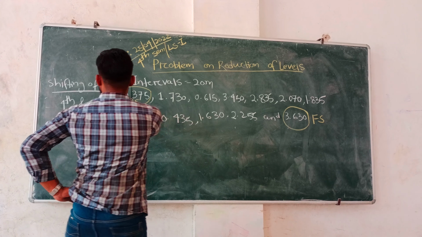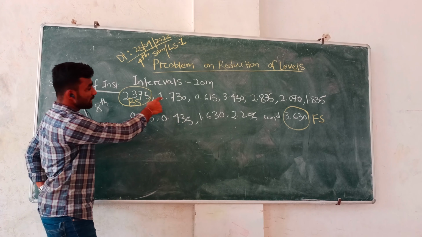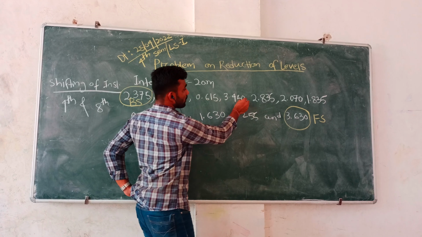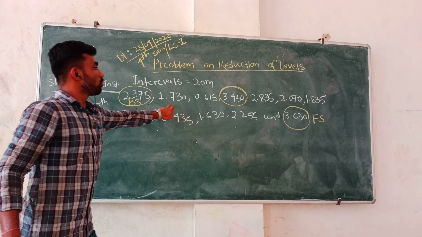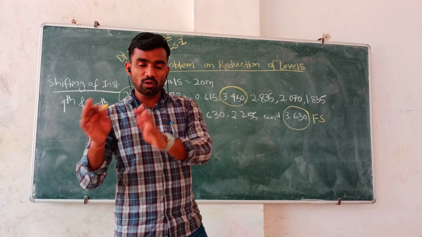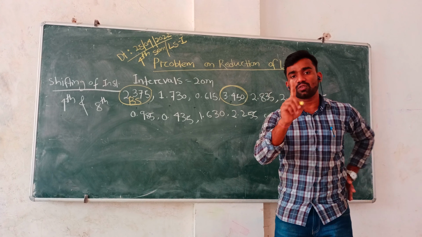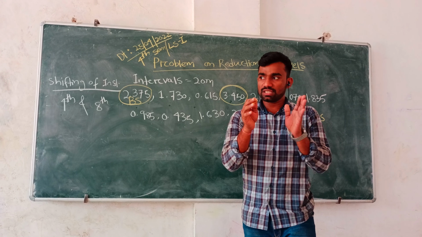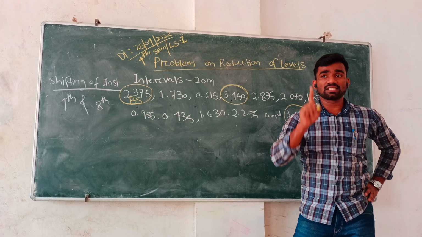Next, the instrument is shifted after the fourth reading. Reading 1, reading 2, reading 3, reading 4. After the fourth reading, the instrument is shifted from one location to another location. That means this is the last reading for station 1.